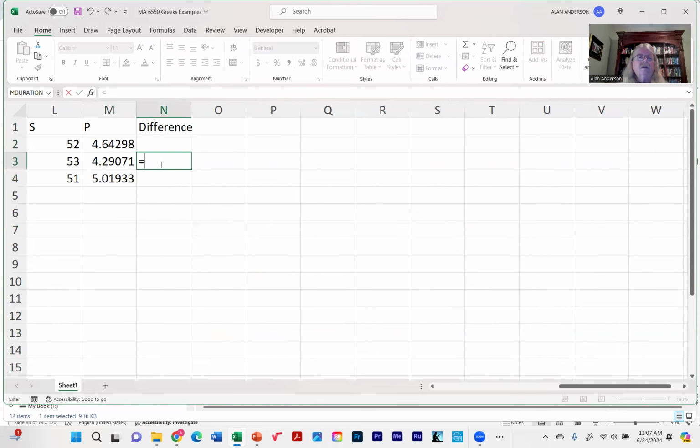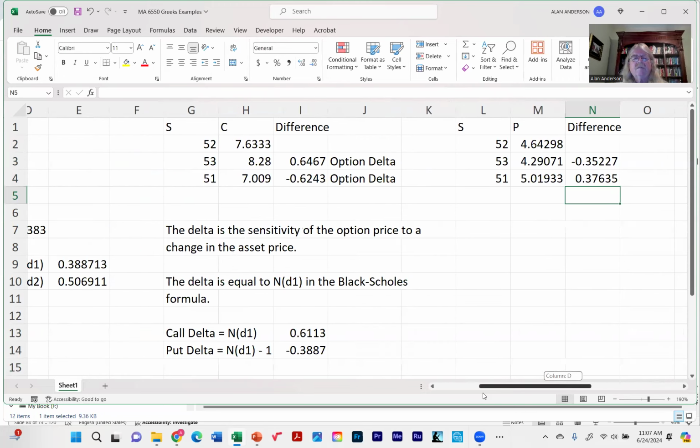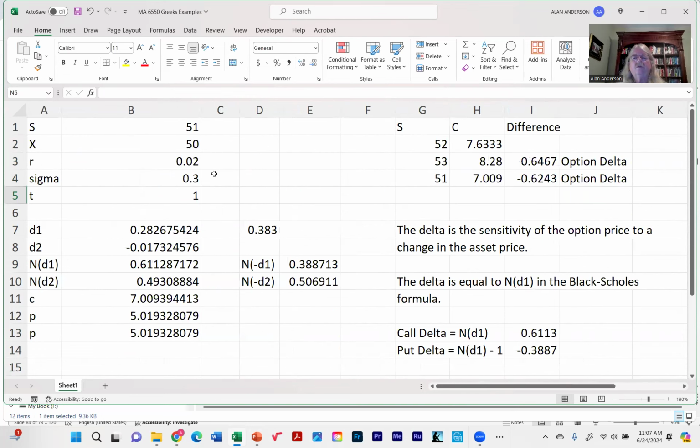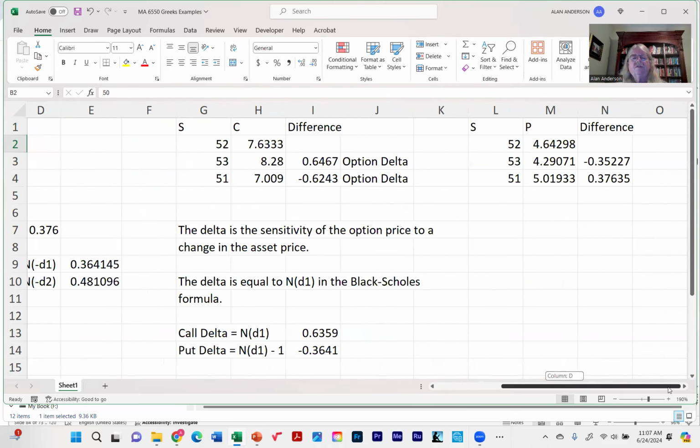So the differences are... so the delta, as we just saw, is about -.3887. Oh wait, actually no, sorry, we needed to be at the same stock price. There we go. When the stock is at 52, the delta of the put is -.3641. You can see that's pretty close.